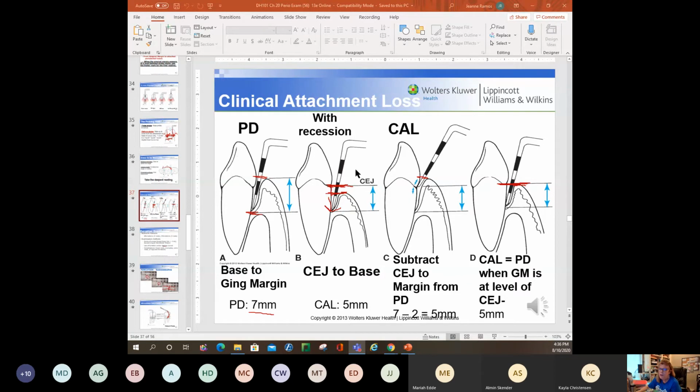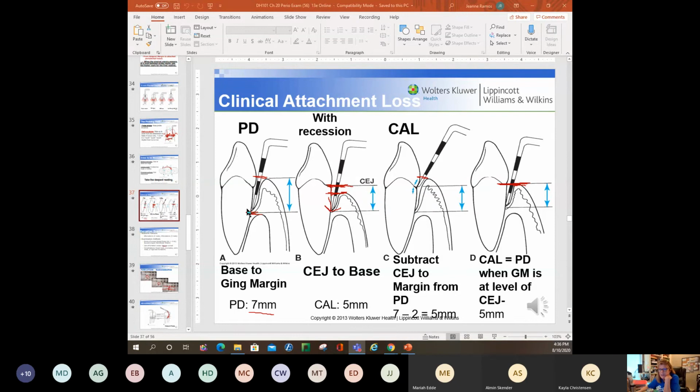So for the CAL, you have this one would read a different number than this one, even though they're at the same height, or depth. But the attachment loss, this tooth, B, has a lot more attachment loss than A does, if you can see that.